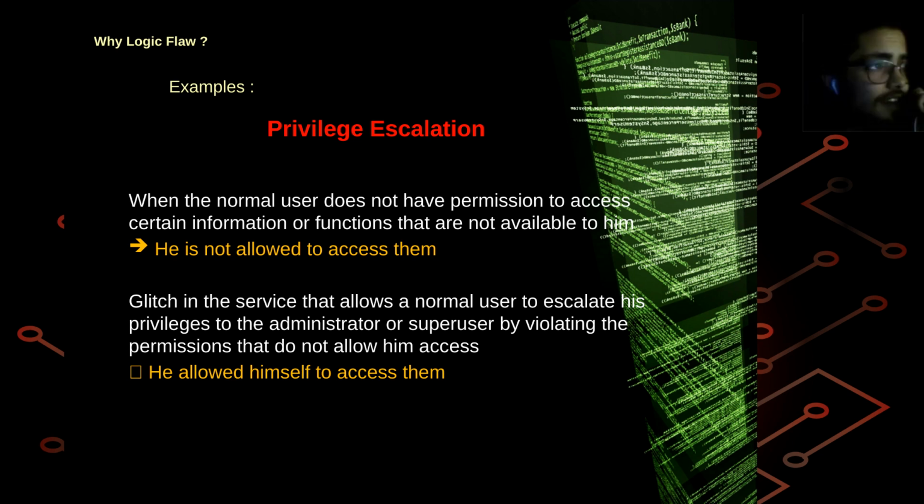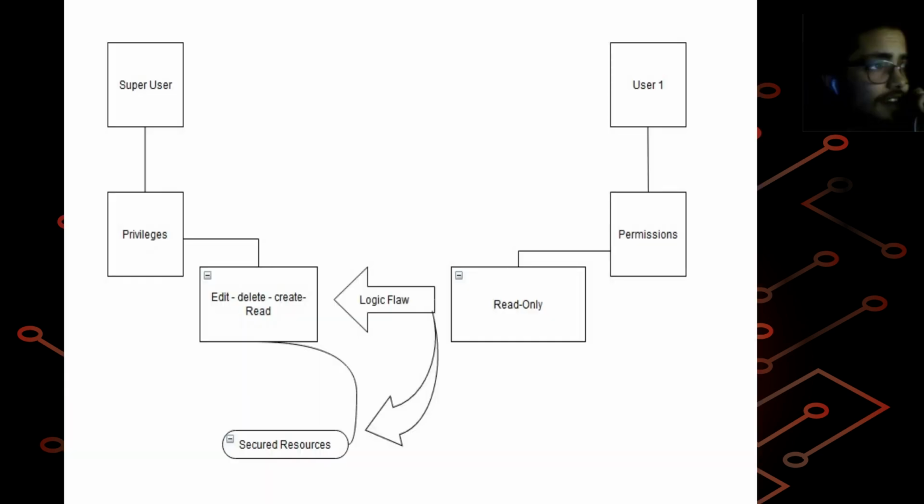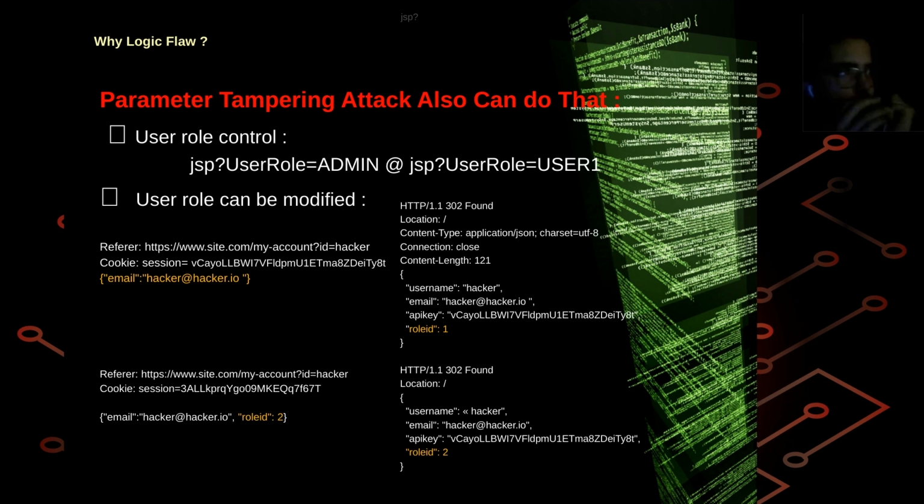As you can see, there is a super user and there is user 1, but the super user has edit, delete, create, and read privileges, and user 1 needs permission or is read only. So user 1 has found a logical flaw in the server in order to get access to the secured resources. But as you can see, a parameter tampering attack can also do that.